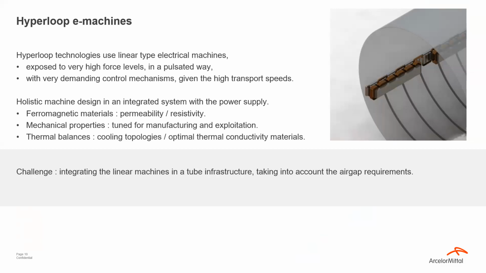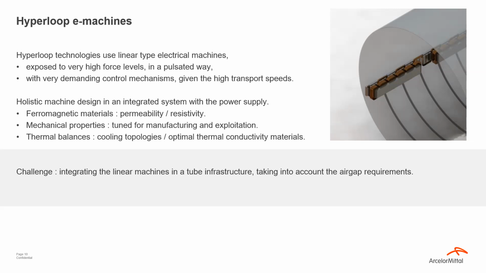So there needs to be a clear view on the mechanical aspects as well. The next problem with Hyperloop is definitely the thermal balance with the vacuum or near vacuum. It's difficult to cool the system, so we also have to take care of the thermal conductivity of the materials that are being used.